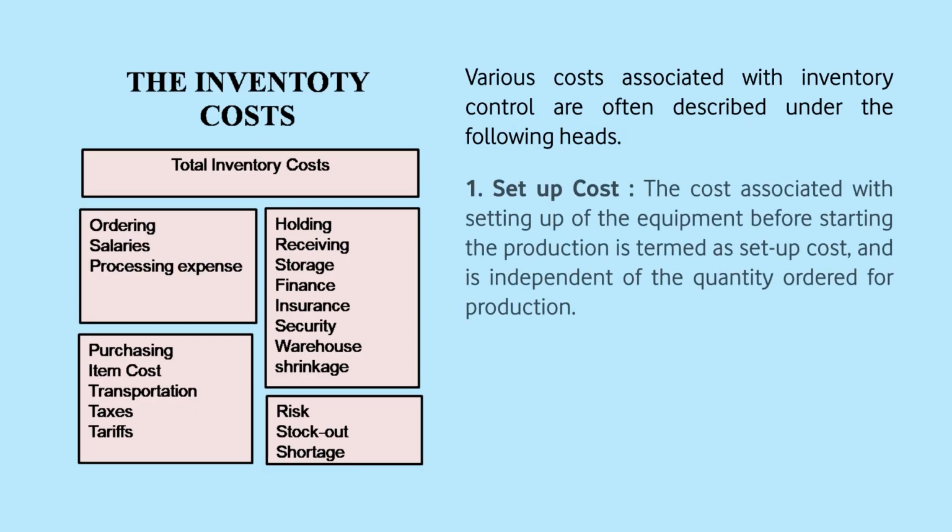The setup cost. What is the setup cost? In a production line, when an item is manufactured, the setting up of the equipment before starting the production is termed the setup cost. It is independent of the quantity ordered for production. It does not depend on the quantity of items, but on the fact that before production we have to set up the equipment.